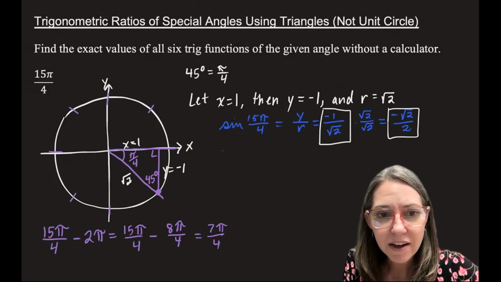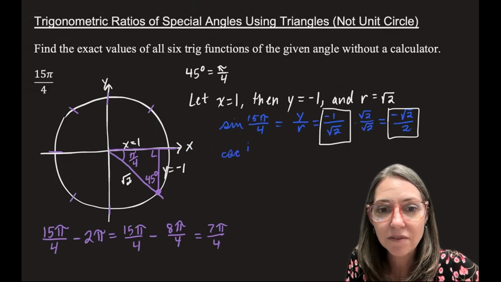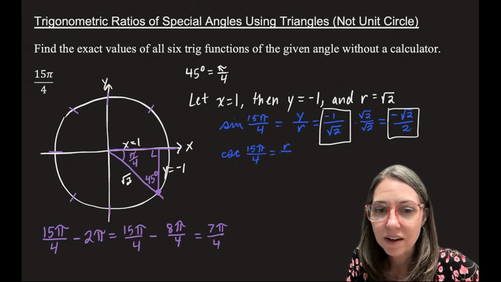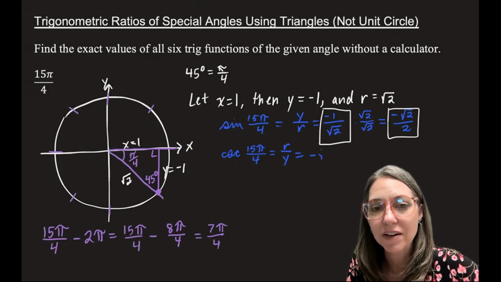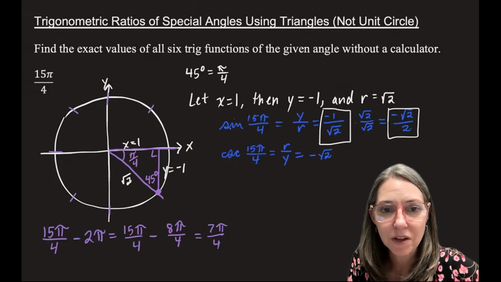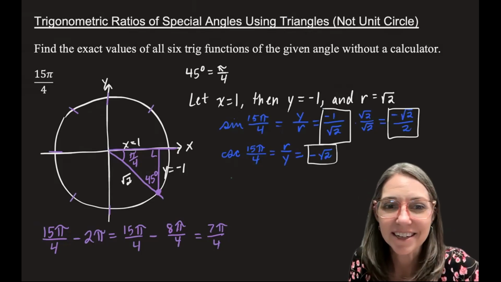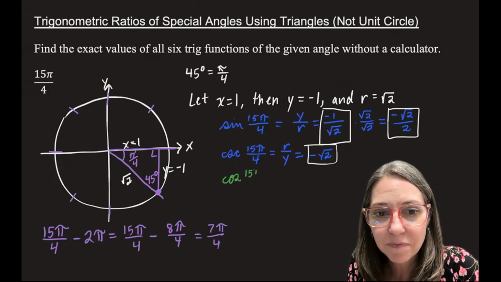All right, next, let's do its reciprocal while we're here. Cosecant is the reciprocal of sine. So cosecant of 15 pi over 4 is r over y, the reciprocal of sine. If I flip negative 1 over root 2, I get negative root 2 over 1, which simplifies to just negative root 2. So there's sine, there's cosecant. We'll switch colors for the next pair, which is cosine and secant. Cosine of the angle 15 pi over 4 is equal to x over r.